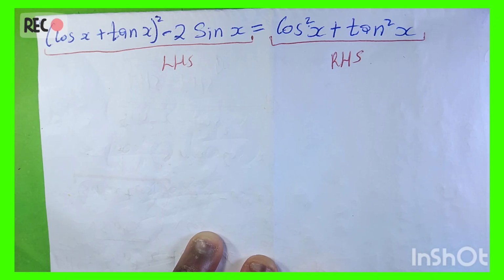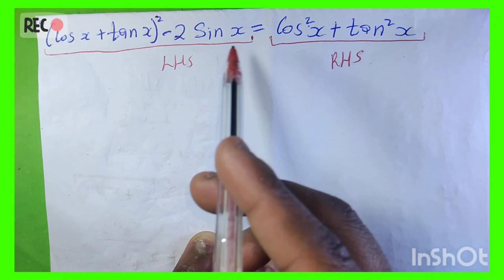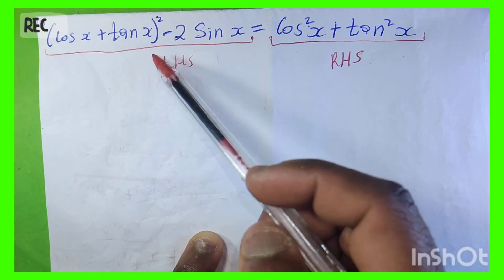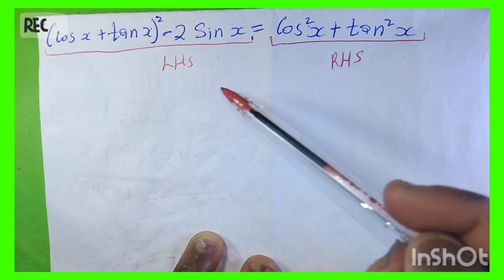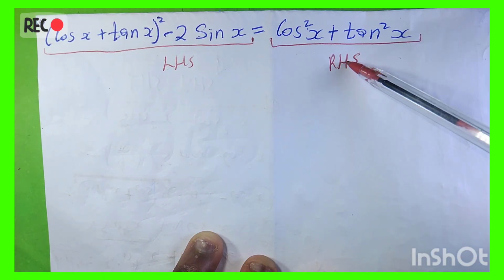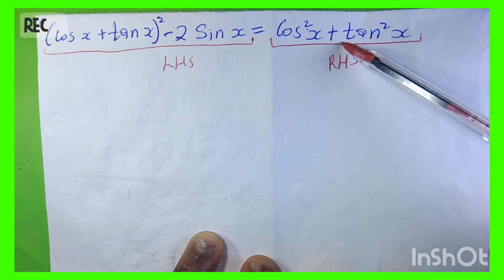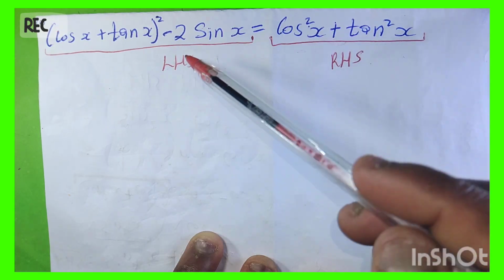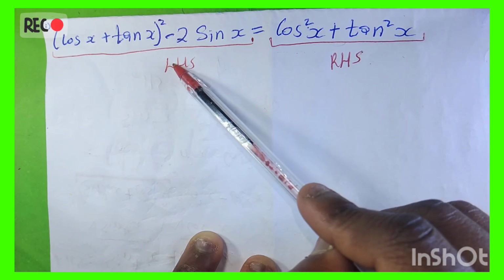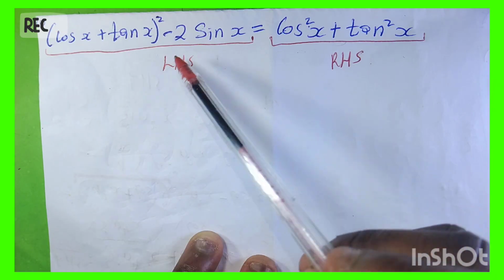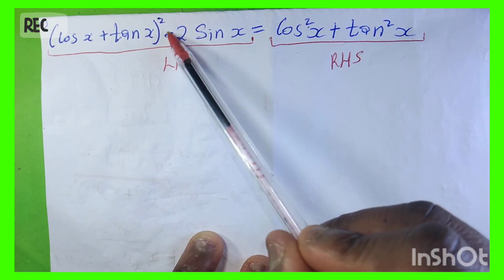When I simplify that side, I shall make sure that I get the same as the other side. But what I prefer, guys, is for you to take the side which is complex.